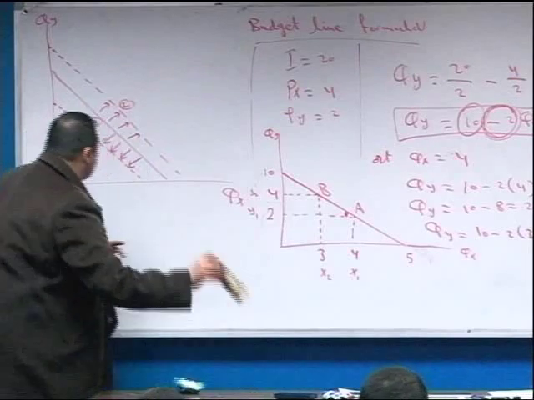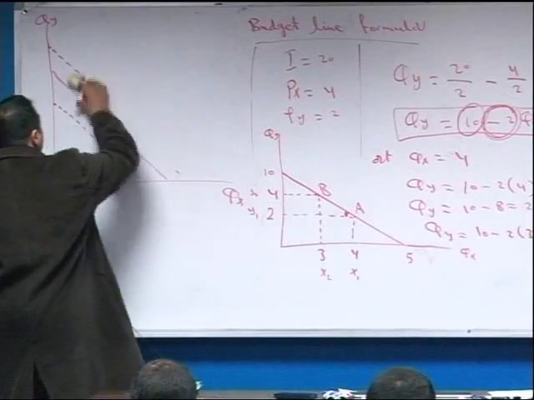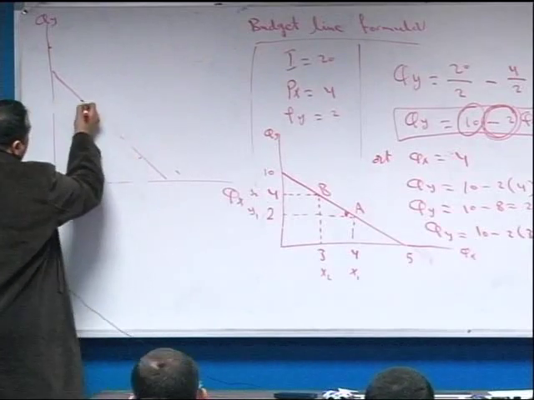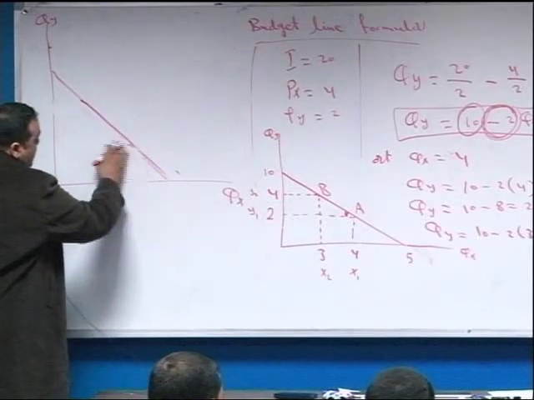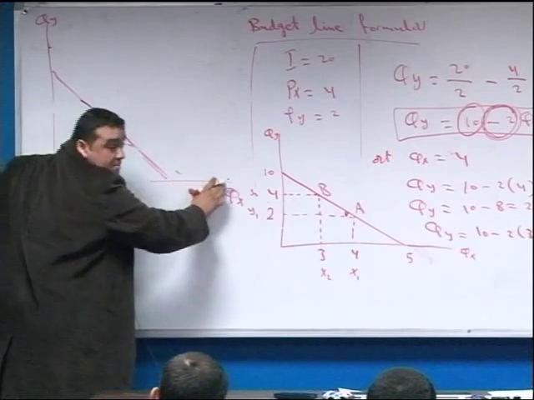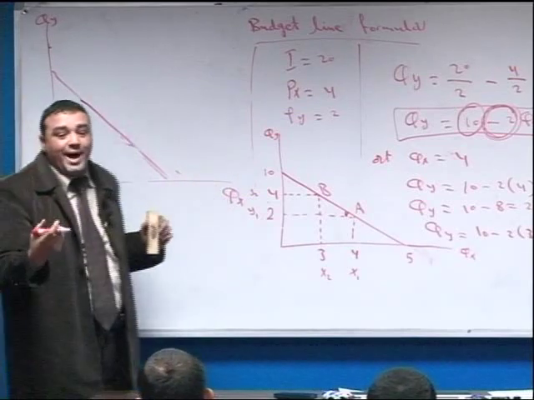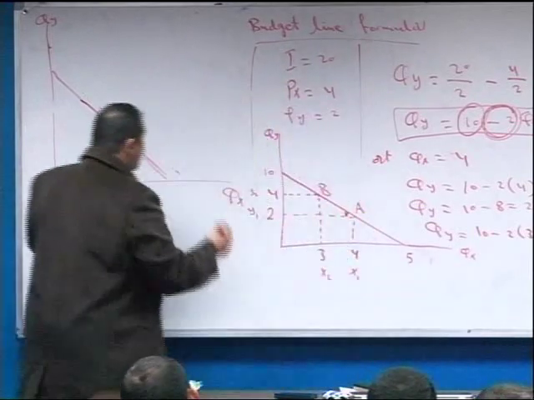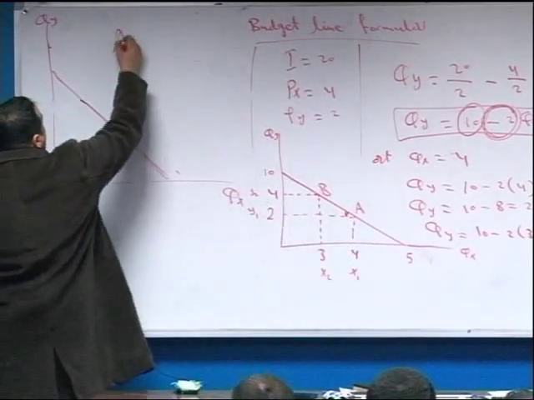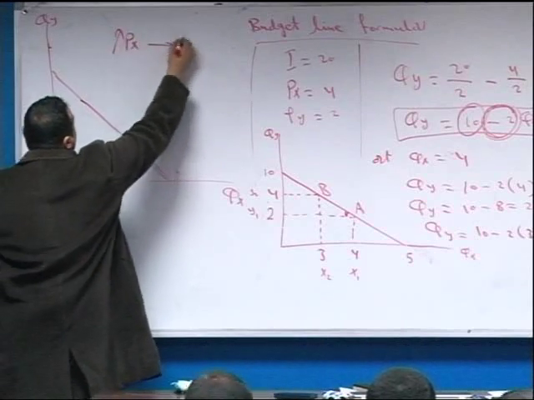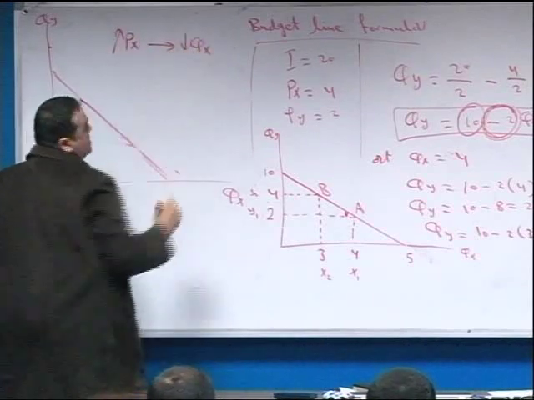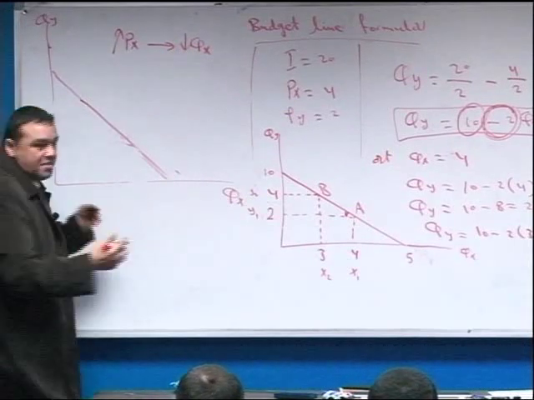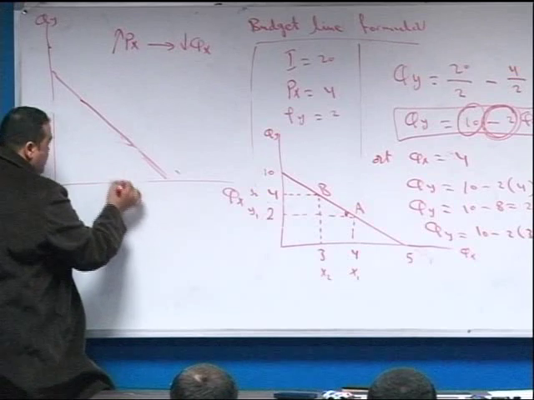When the price of X increases, his ability to buy the quantity of X would decline. According to the demand theory, increasing the price of X leads to a reduction in the quantity demanded of X. So suppose that the price of X increases. In this case, the quantity demanded of X would decline.